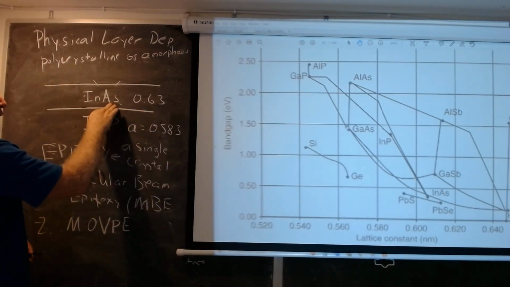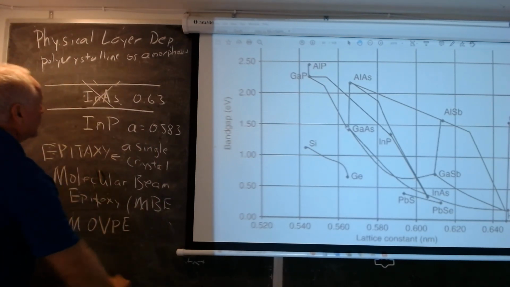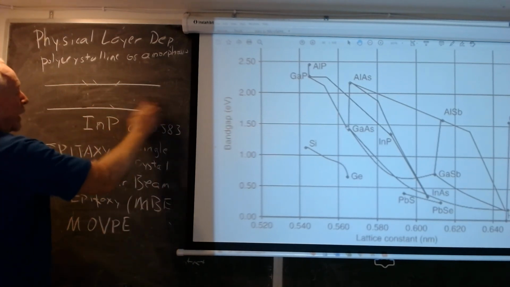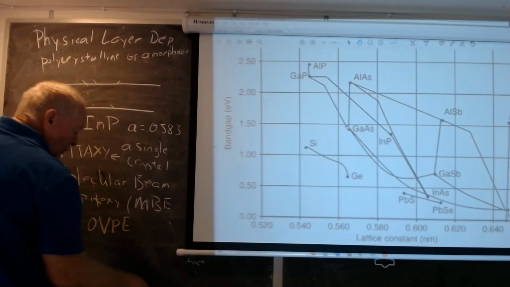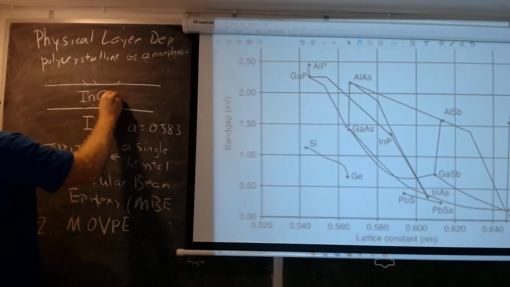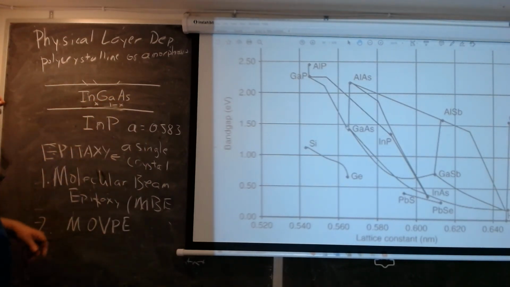So it's not going to be happy trying to grow on here. That won't work. So what do you do? You make what's called an alloy. All right, and you deposit indium gallium arsenide.